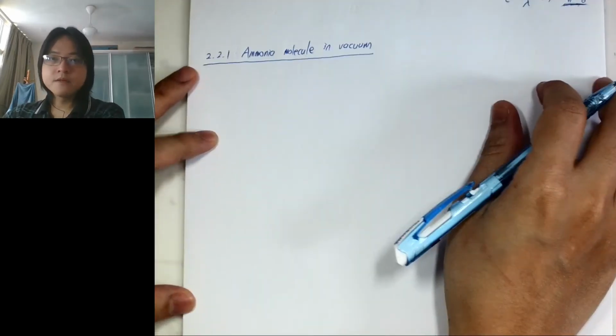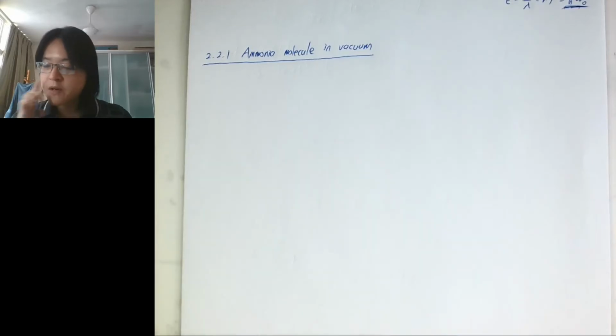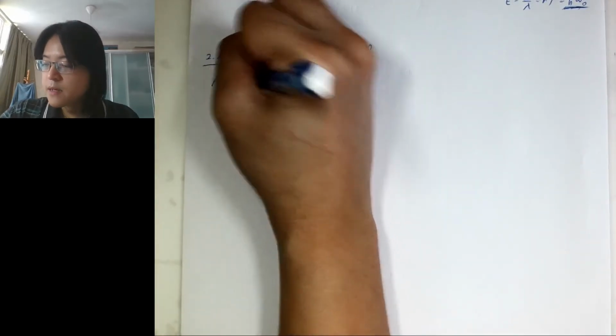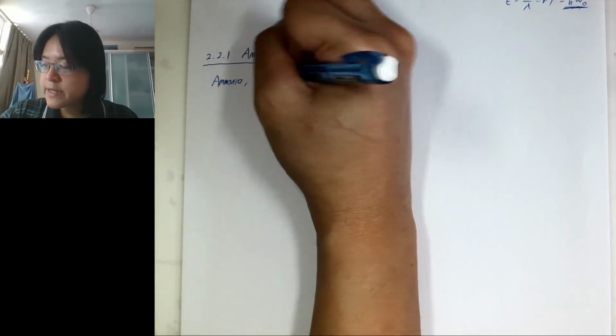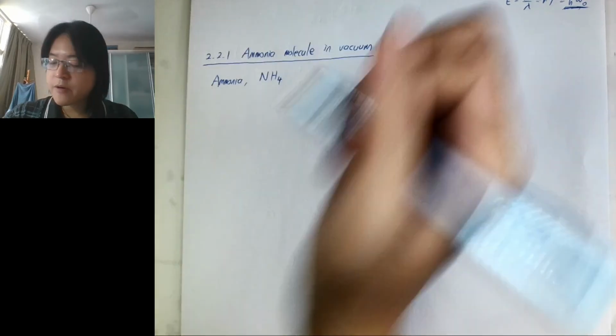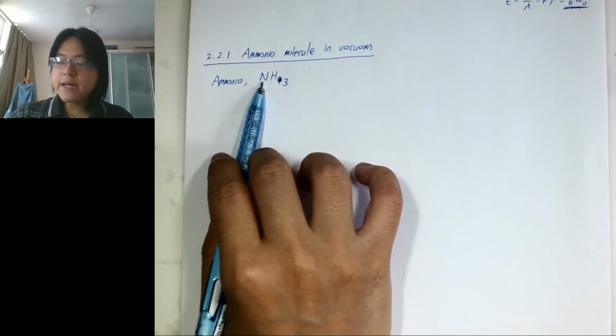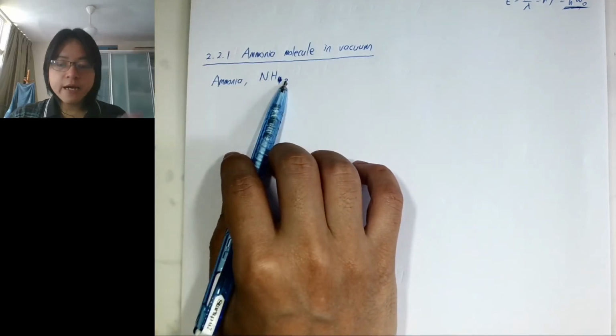So what does an ammonia molecule look like? In chemistry we call it NH3, one nitrogen atom attached to 3 hydrogen atoms.